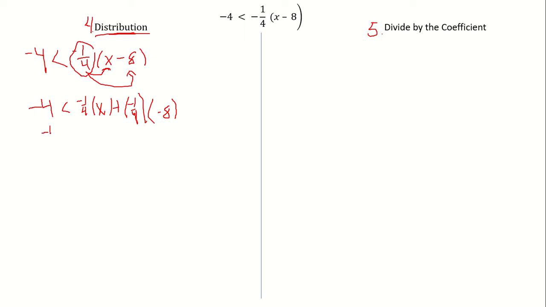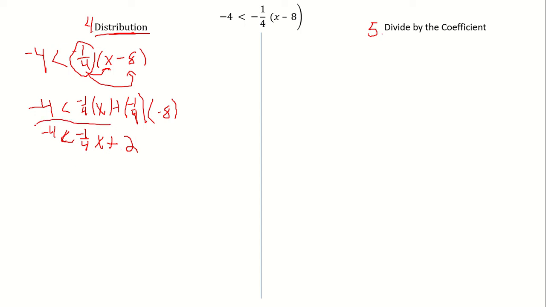And this is going to become -4 is less than -1/4 x plus -1/4 times -8 is going to be +2. So we have -4 is less than -1/4 x plus 2.